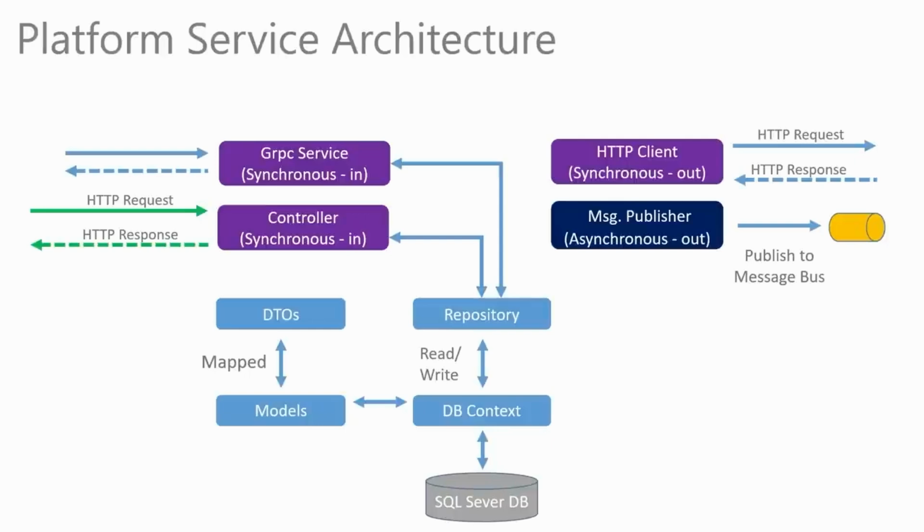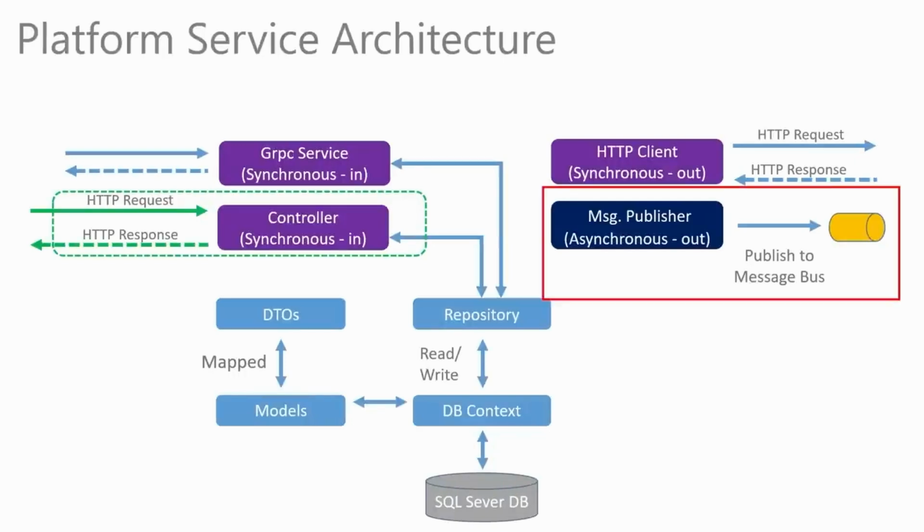Now, an important point to note, the only external interface here is our controller, our HTTP Web API controller. Everything else that is not denoted by a green line is internal within our microservices domain. And as you can see from the darker coloring on the publisher, it's asynchronous, the other ones are synchronous.